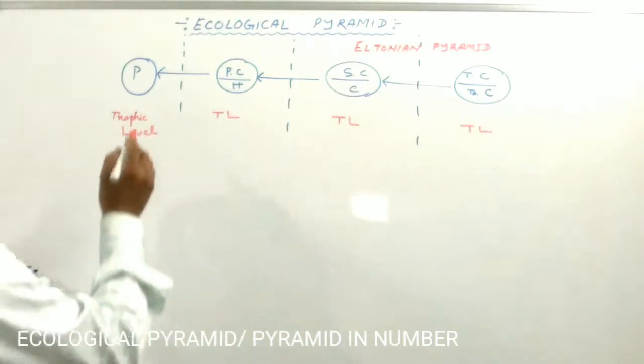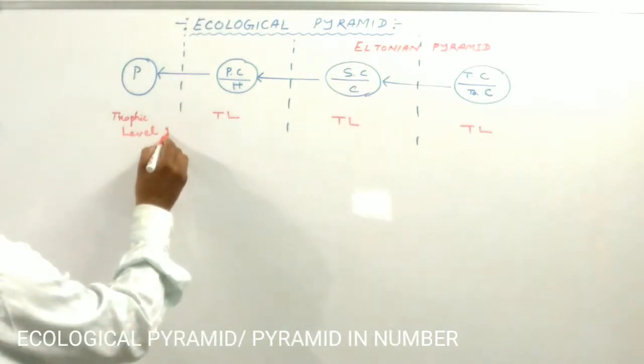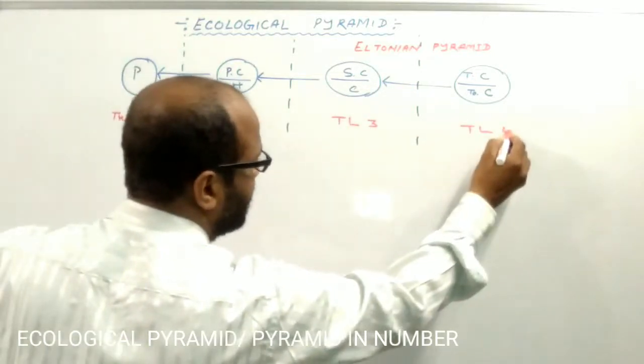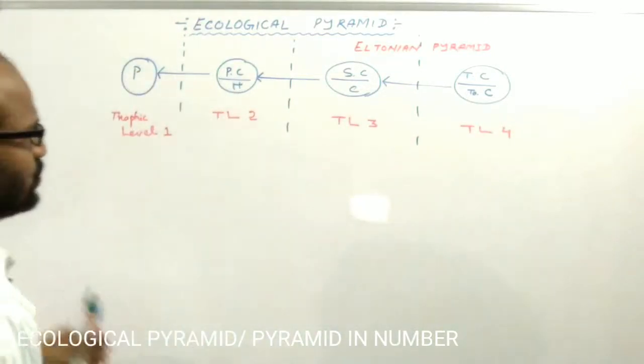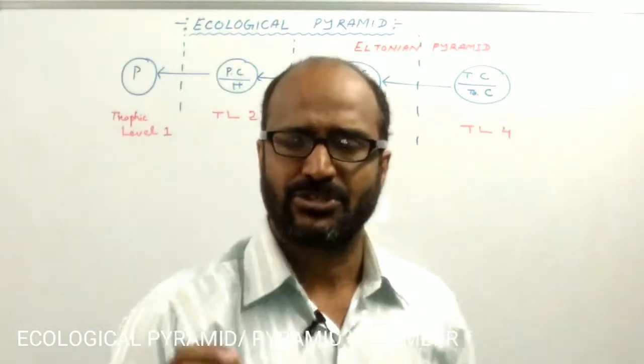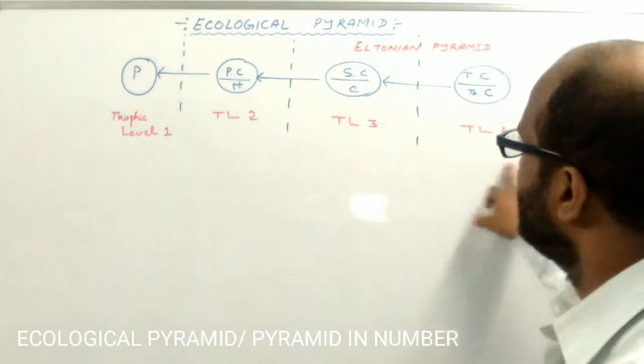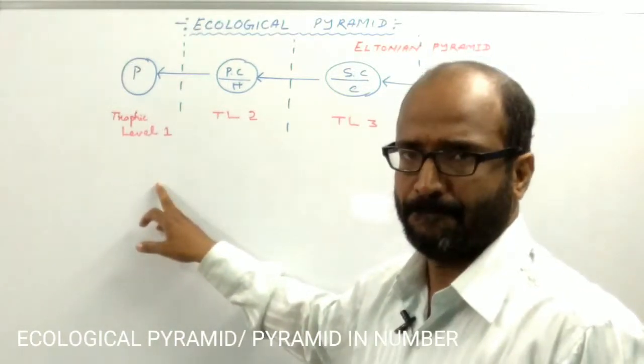These trophic levels you can number as trophic level 1, trophic level 2, trophic level 3 and trophic level 4. So what is the structure and function of such trophic levels in the food chain?